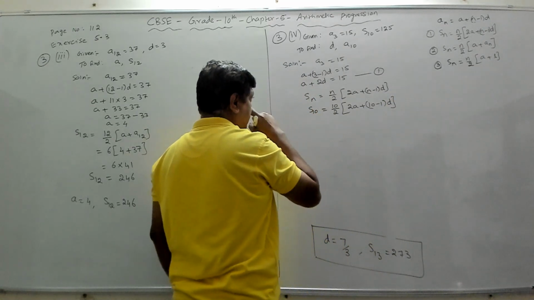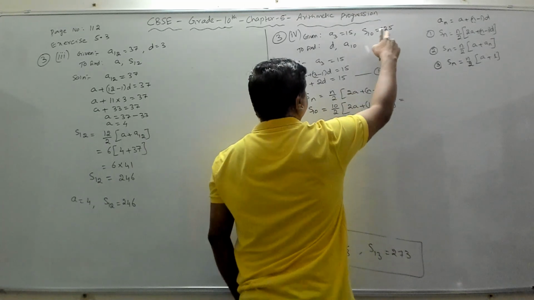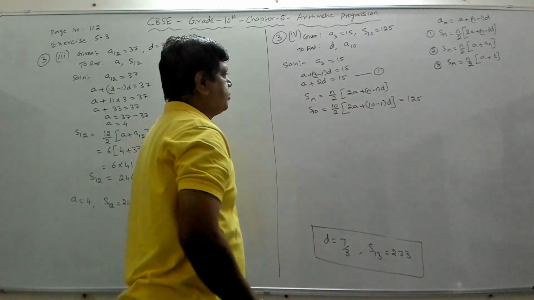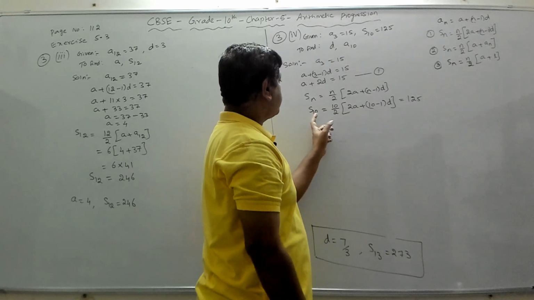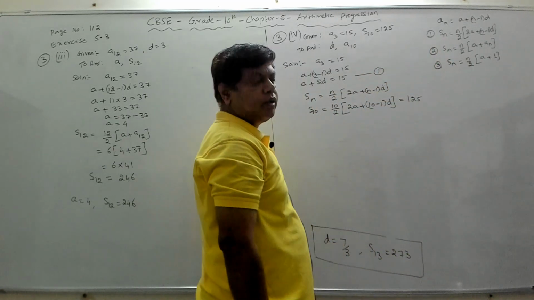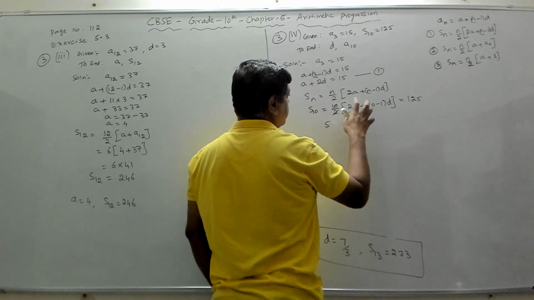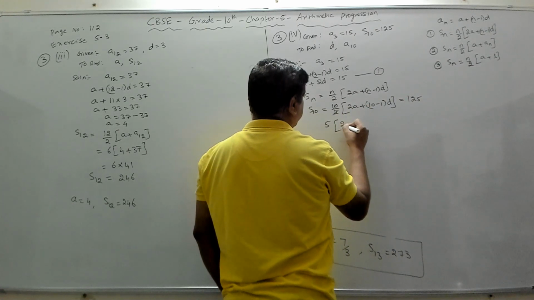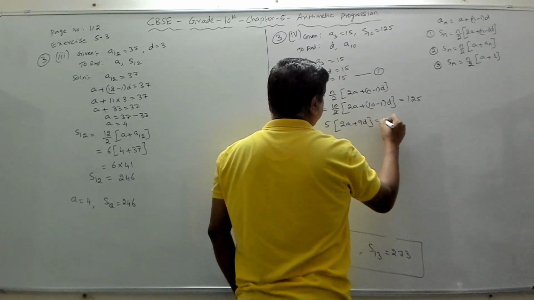S10 is 125, so this whole thing is equal to 125. I am substituting n as 10 in this formula. If you cancel, it becomes 5 into 2a plus 9d equal to 125.